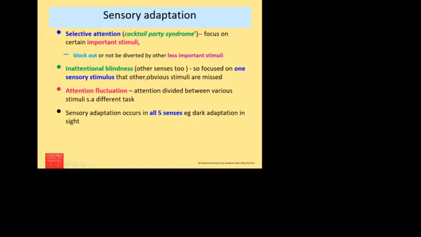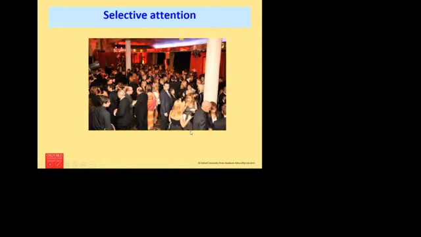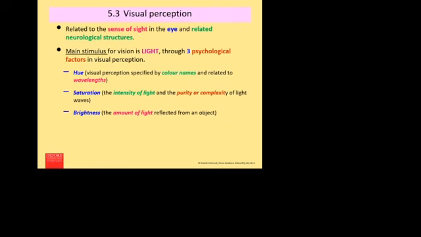So attention fluctuation is the opposite of inattentional blindness: this one focuses on just one stimulus, and that one focuses on many stimuli. Sensory adaptation occurs in all five senses, not just one: hearing, vision, touch, and so on.